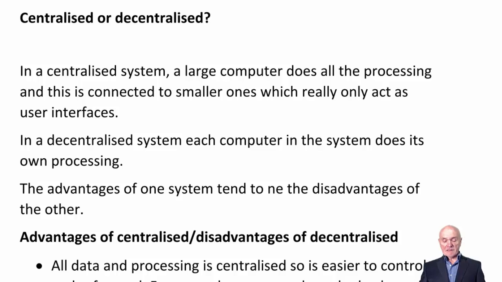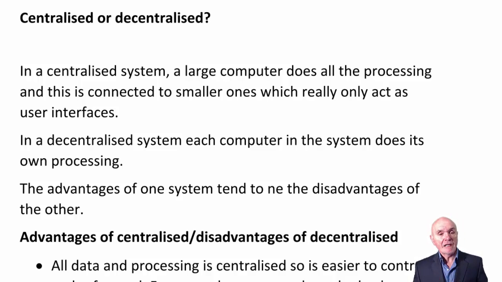Next, should the system be centralized or decentralized? It's a bit like the cloud, not quite the same. But if you have a centralized system, it means you've got in your office one large processing unit, one large computer, and you have 12 users who are making use of that, really through input-output terminals, a keyboard and a video monitor there.